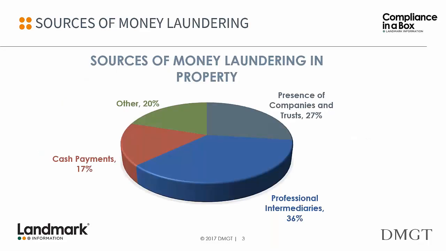There is somewhere in the region of £100 billion laundered through the UK every year, so it's quite a scary amount. In the National Risk Assessment of Money Laundering and Terrorist Financing of 2017, the report published by the government stated that 27% of money laundering cases involved property transactions, highlighted the presence of companies and trusts. 36% of these highlighted attempted use of professional intermediaries, and 17% reported high cash payments.